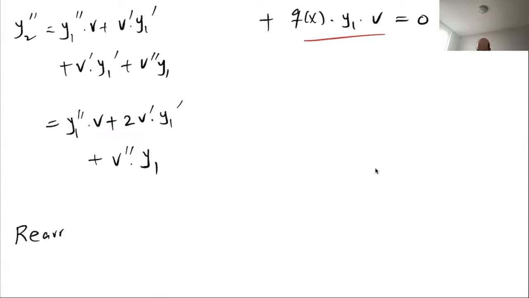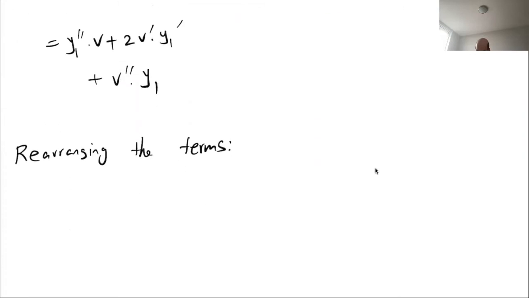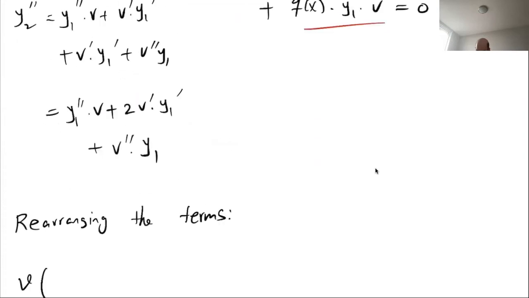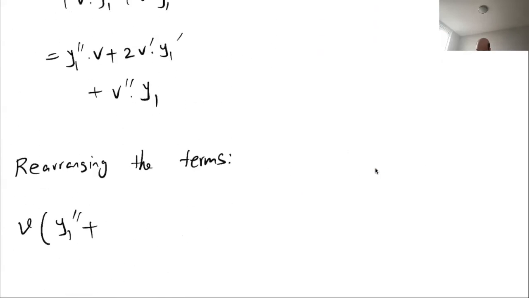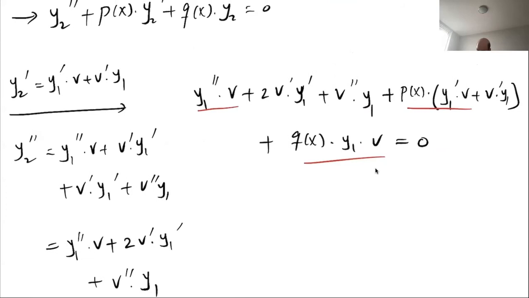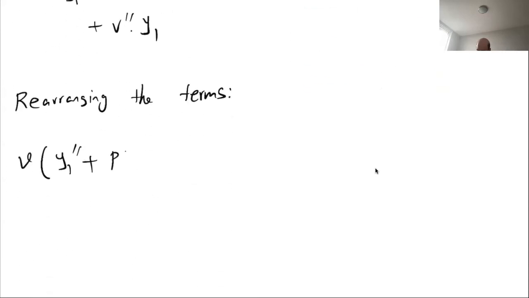Rearranging the terms, we get v times y1 double prime plus p of x y1 prime plus q of x y1.